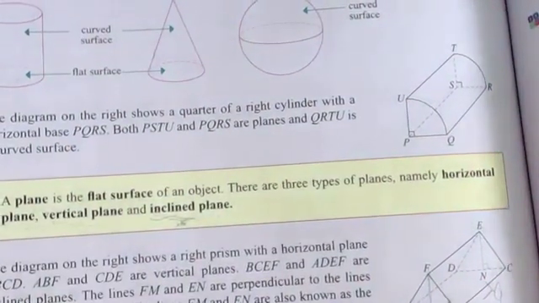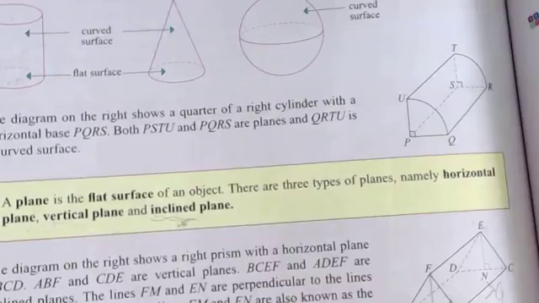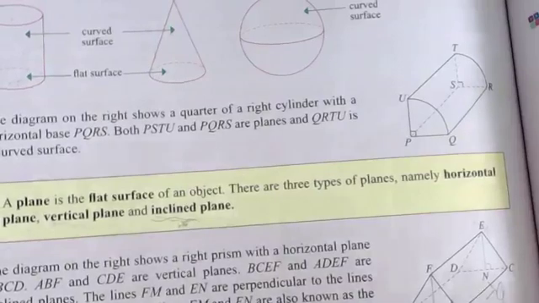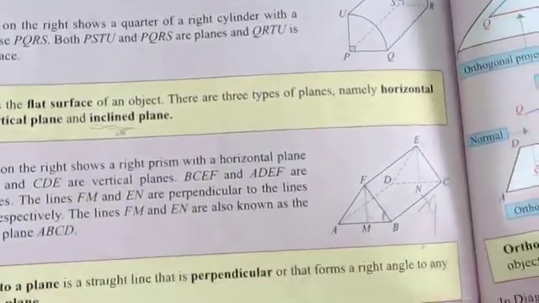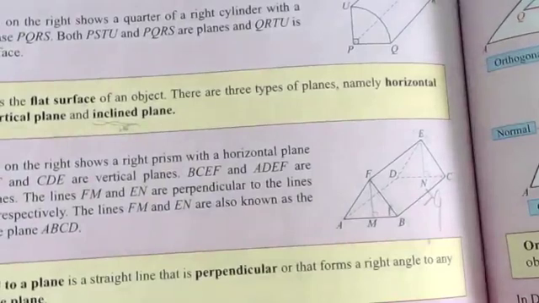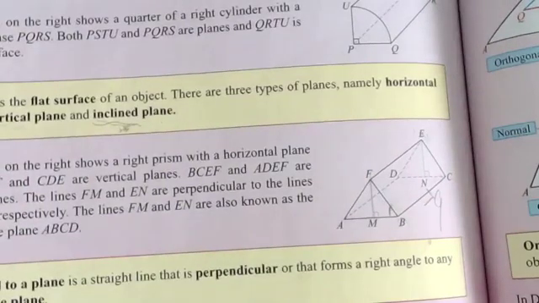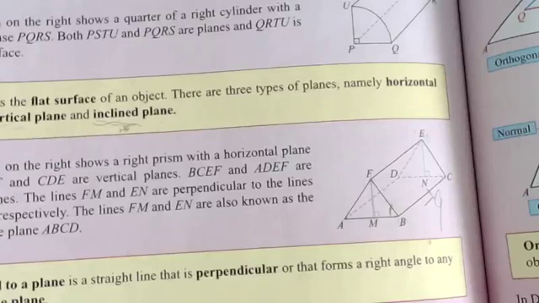Now, can you find another plane that is a vertical plane? CDE. Okay, good. Give the label. CDE is also a vertical plane. What is a horizontal plane? Which one is the horizontal plane?